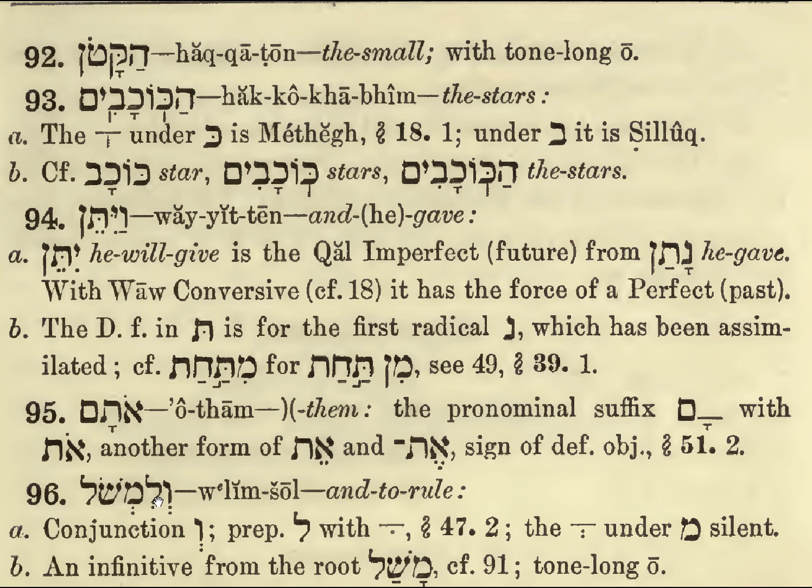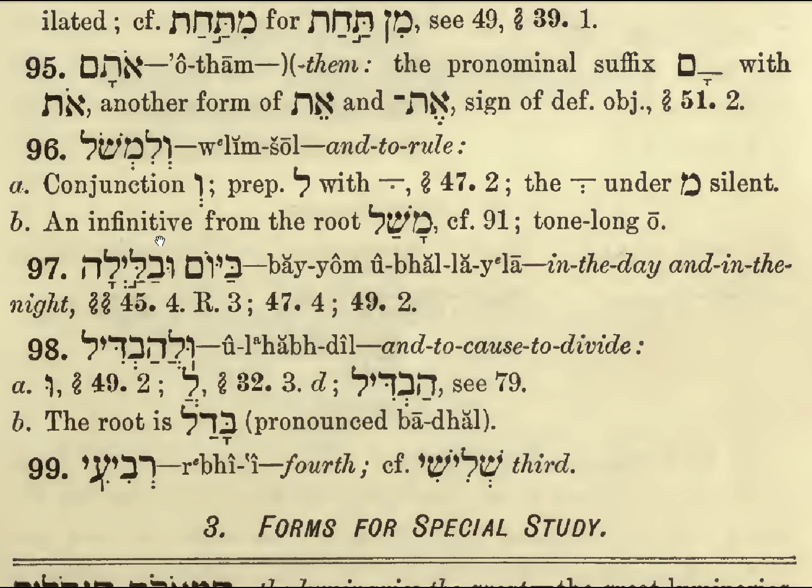Velim shol, and to rule. The conjunction v, preposition l with e, and the schwa and the mem silent. Velim shol. This is an infinitive from the root mashal, with a tone long o.